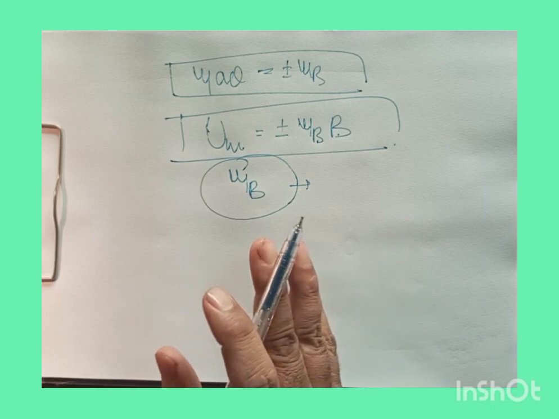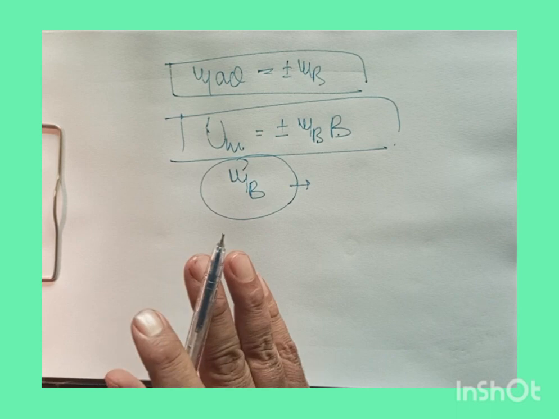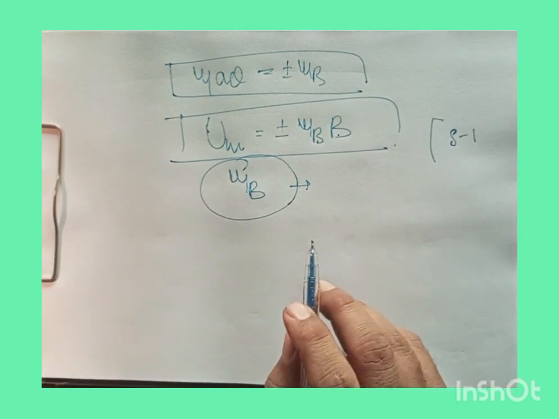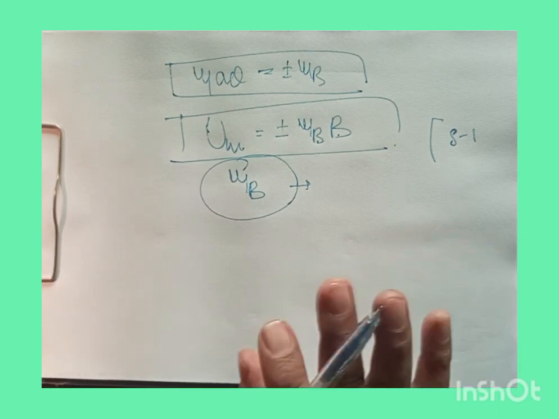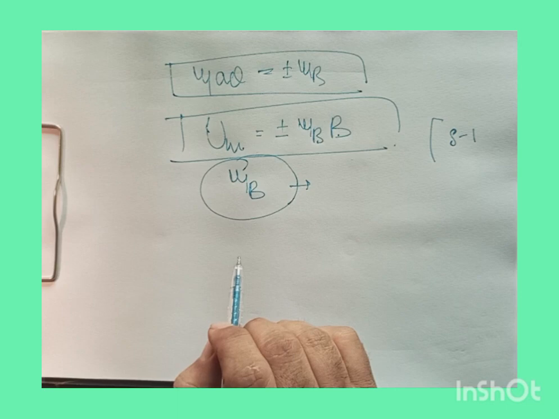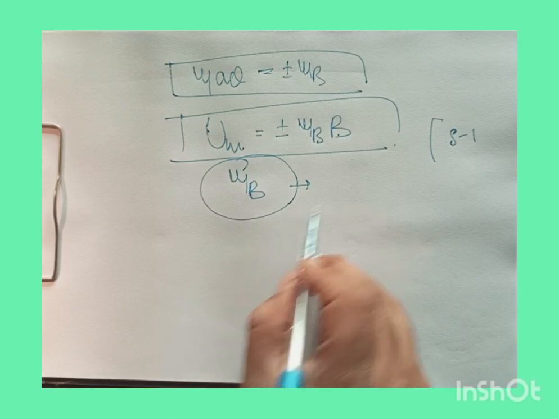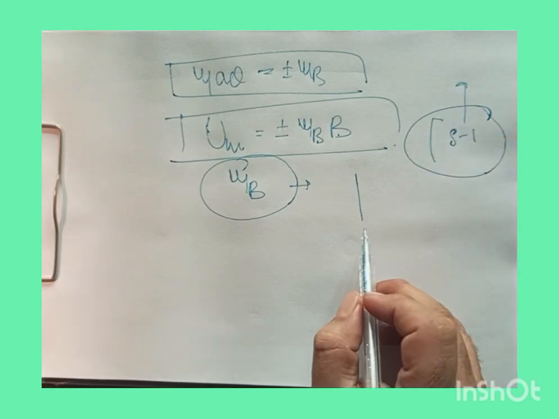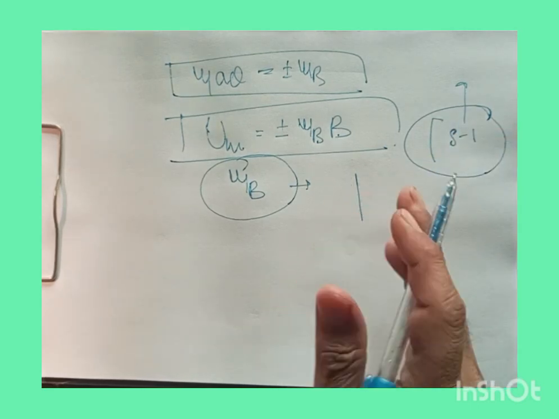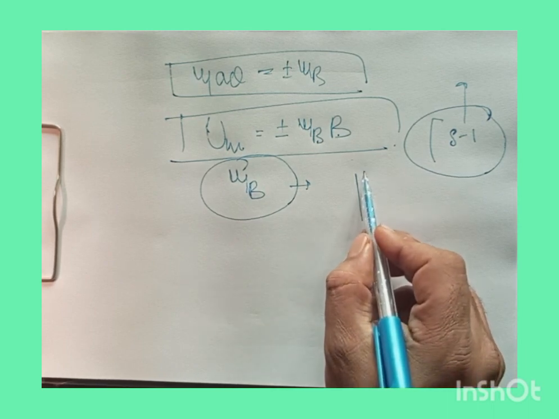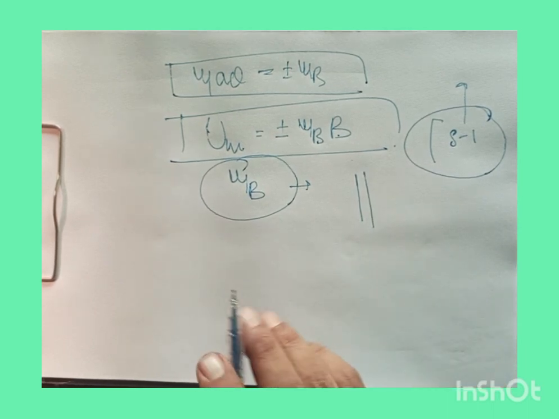The result is that every quantum state except the s quantum state, the s orbital, in which there is no orbital angular momentum, splits into two substates. So s is not going to split, but orbitals other than s are going to split into two substates.